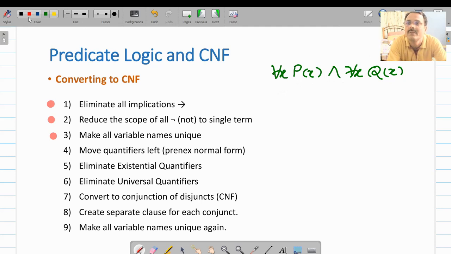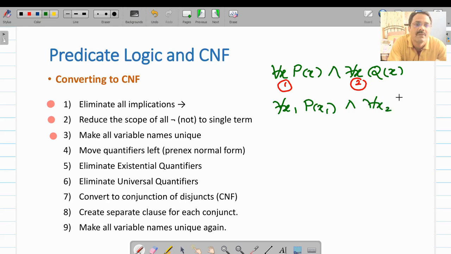Since they are variables, you can simply change the variable name. So I will write this as for all x1 P of x1, and for all x2 Q of x2.